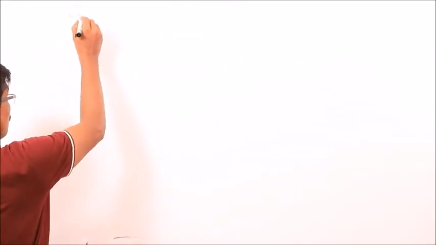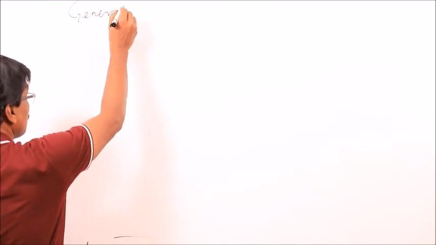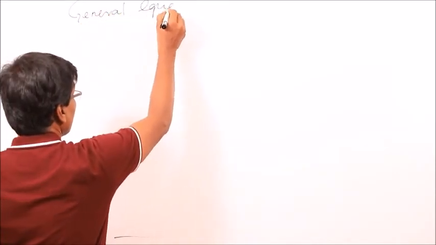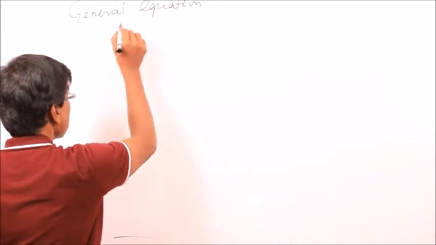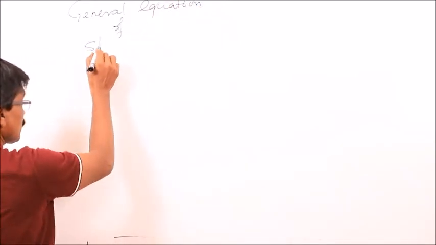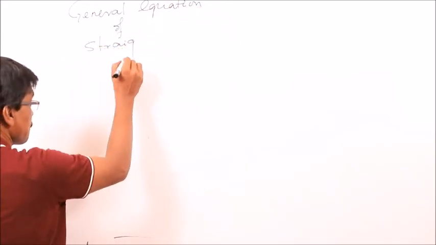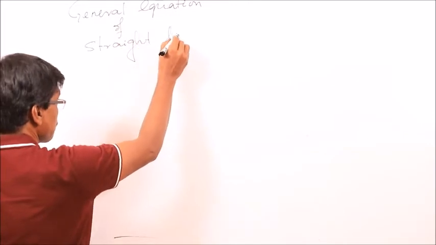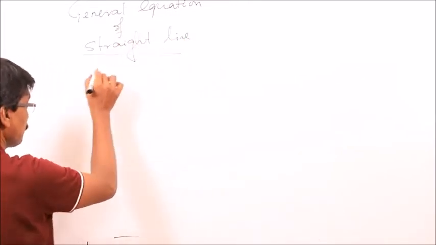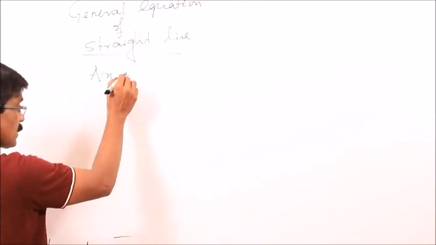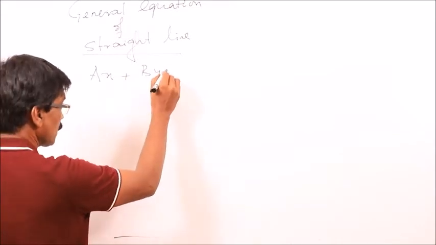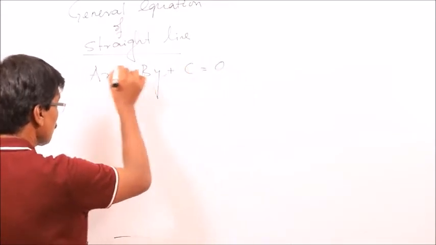That is called the general equation of straight line, that is ax plus by plus c is equal to 0.